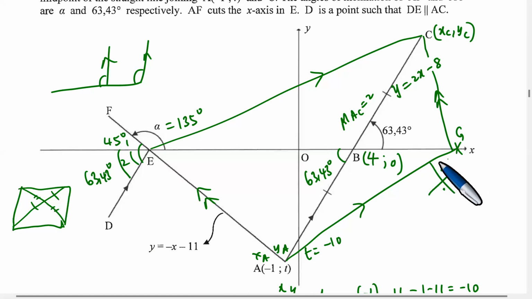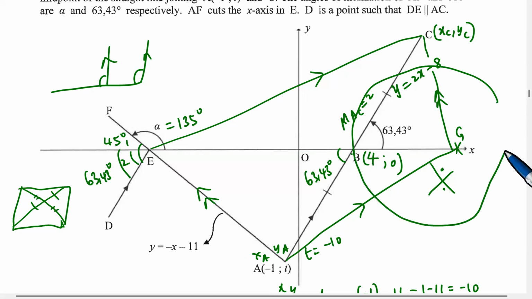Then we can say the circle has center G and passes through the point B. So you have a circle like so. But now, if we know G, we can just find the radius of that circle, and then we're done.